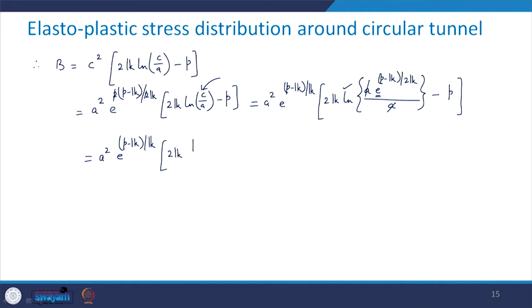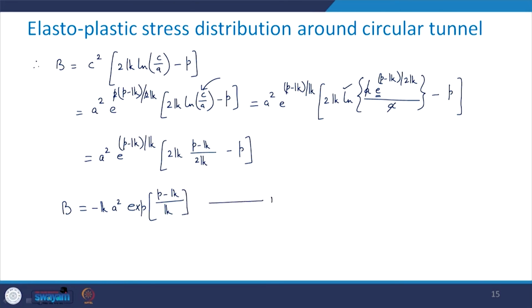It will simply be P minus kappa divided by 2 kappa minus P. So, ultimately we are going to get a simple expression for B as minus kappa A square e to the power P minus kappa upon kappa.